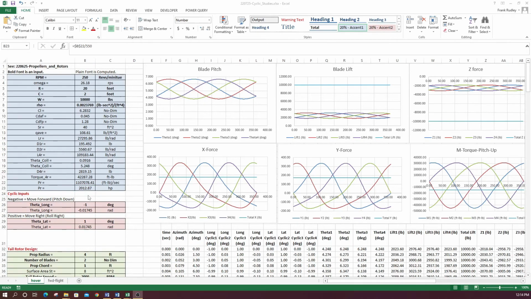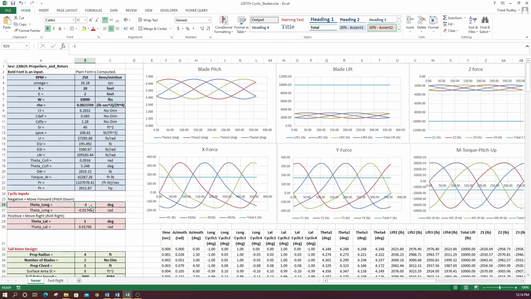Now I want to look at the cyclic inputs. I want to move the aircraft forward. A minus longitudinal cyclic input will make the aircraft move forward; it'll pitch the nose down. And likewise, a positive roll input will make the aircraft roll to the right.